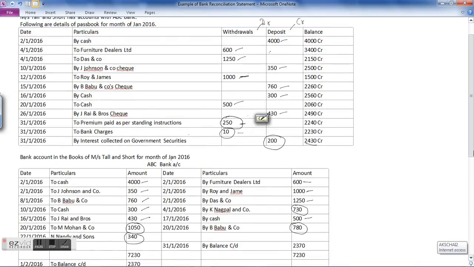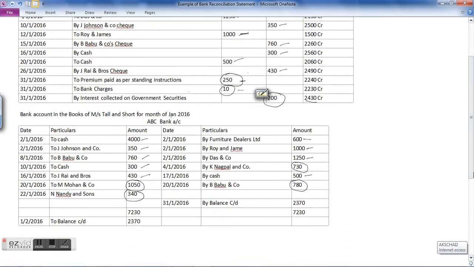Now we are done with the passbook. Now we'll see all the entries in our bank account. There are two entries in the bank account. On the debit side, 1050 and 340 to M Mohan and Company and M Nandi and Sons and Company. What has happened?